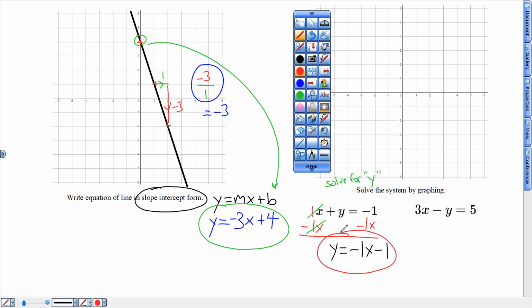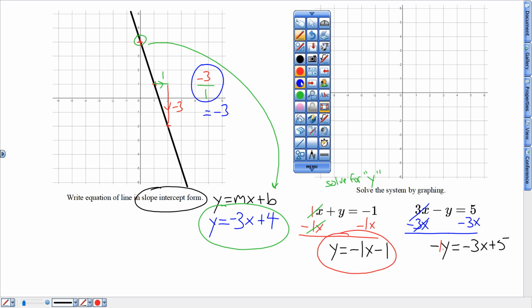Let's do the blue one. So first step in blue, take away 3x. Bring down this negative with the y, -y. And then know right there that negative is -1 in disguise.